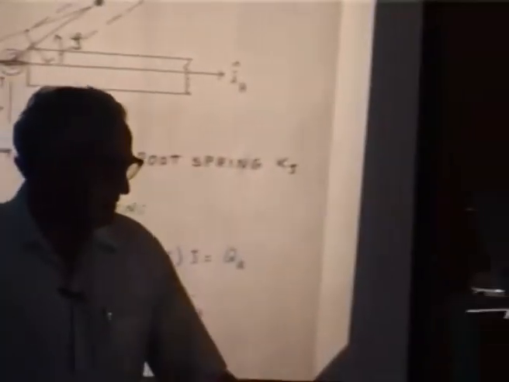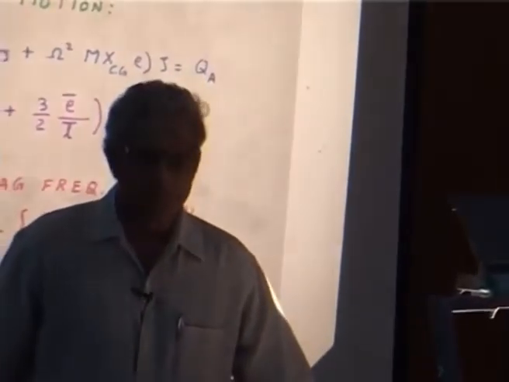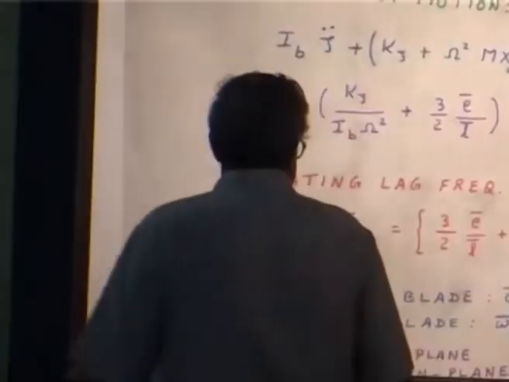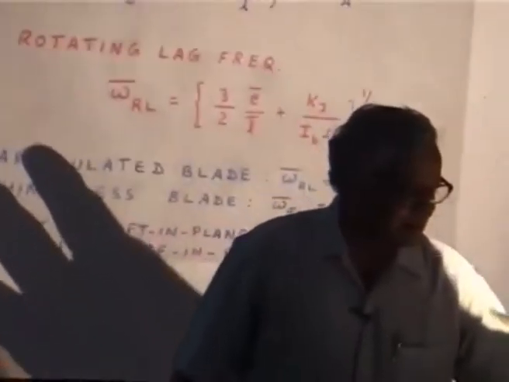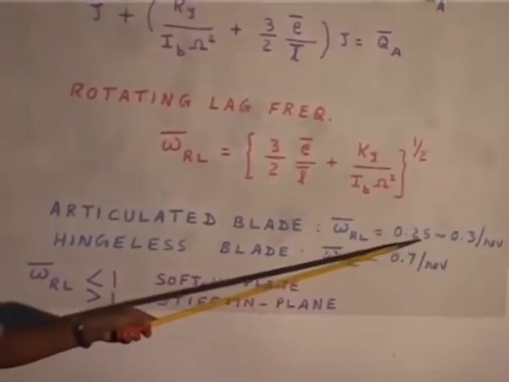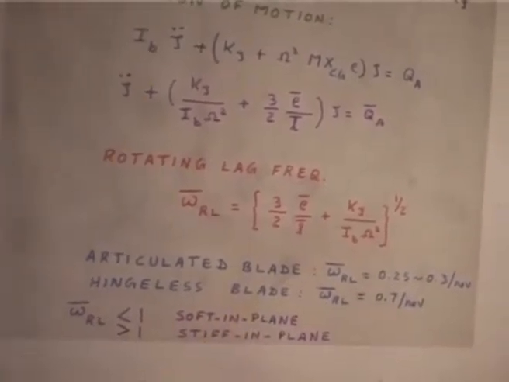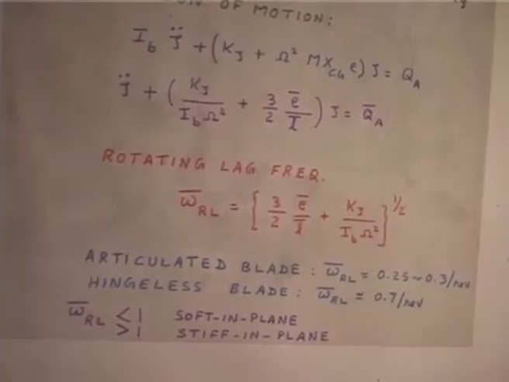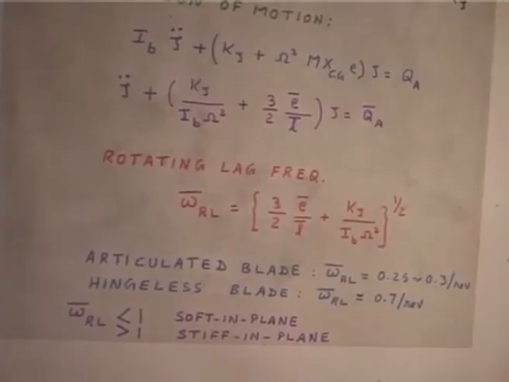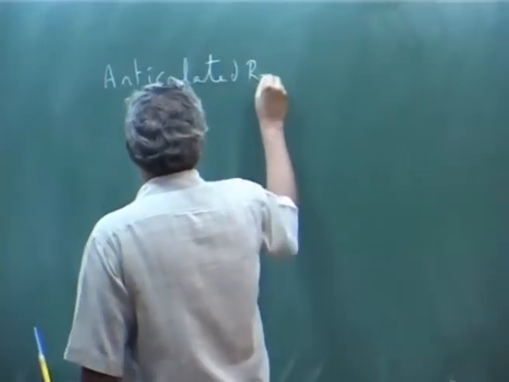Usually the choice of the lead lag frequency is in the range of articulated blade, it will be around 0.25 to 0.3, because there won't be any spring in the case of articulated blade, only hinge offset. It is always articulated rotors.